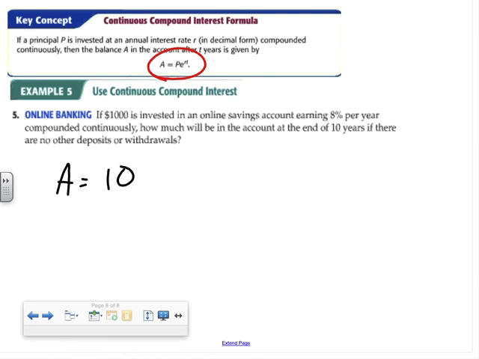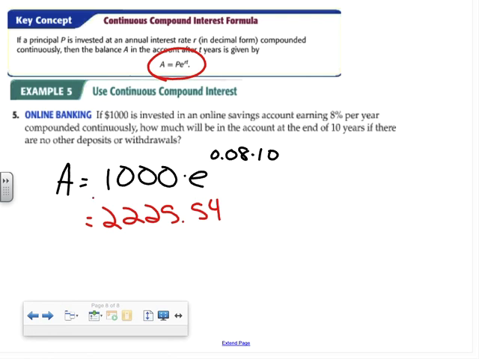My amount will equal 1,000 times E raised to the 0.08 times 10 power. And that will yield $2,225.54 approximately.